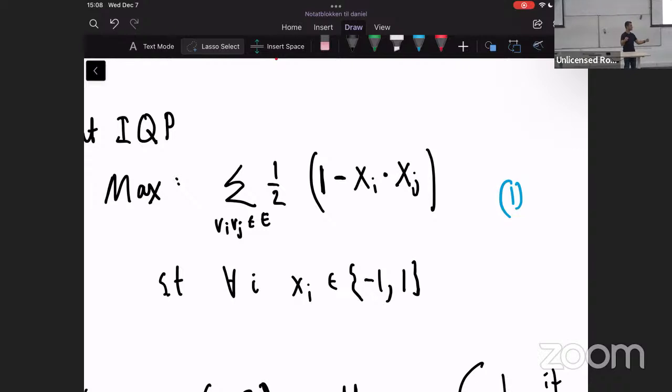If the two endpoints of the edge vi and vj are on opposite sides, then xi and xj have opposite signs, so xi xj is minus 1. 1 minus minus 1 is 2, divided by 2 is 1. So you're now getting exactly 1 for every edge whose vertices are on opposite sides.